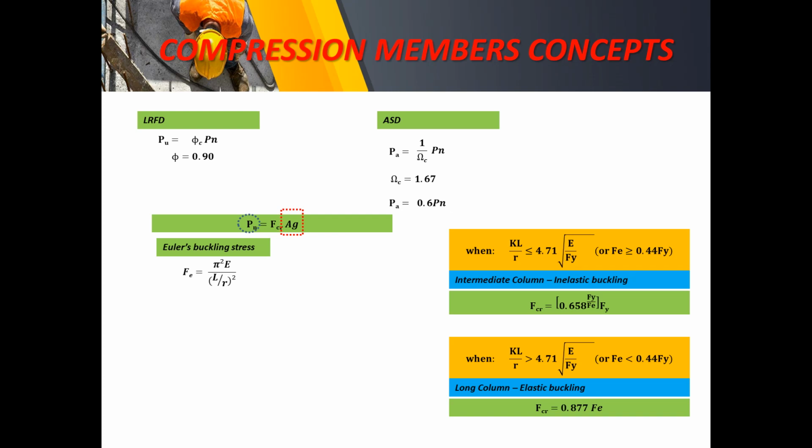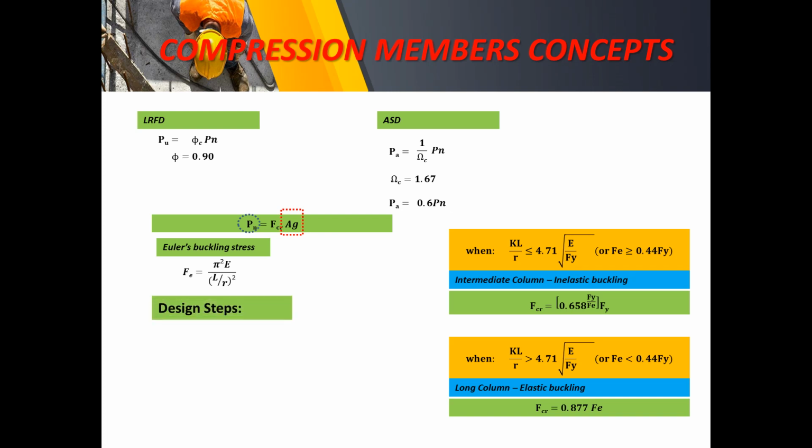In the previous sessions, we were actually calculating for the Pn, but this time we are doing a back calculation of the strength of the chosen member, so that it should always exceed your required loading. Meaning your chosen member or trial section should be adequate enough to resist the required loading.